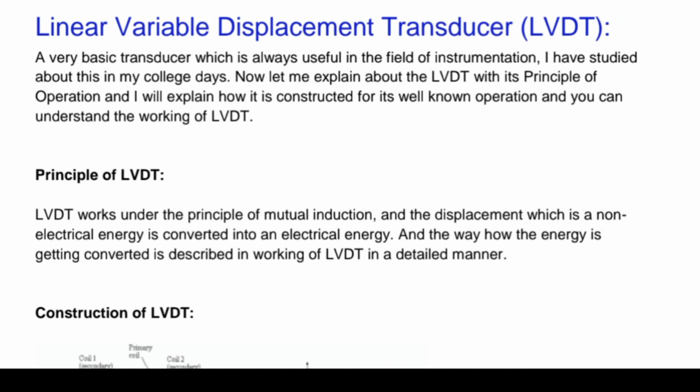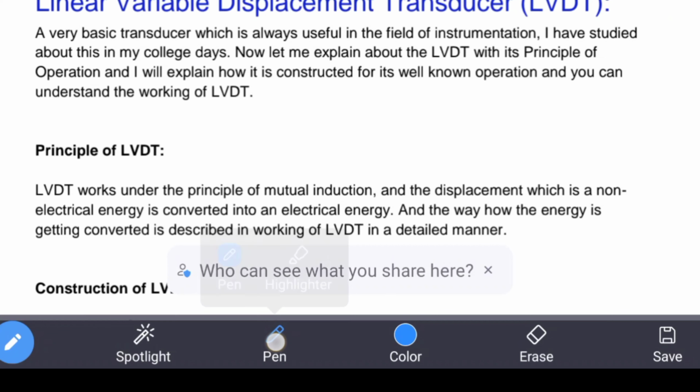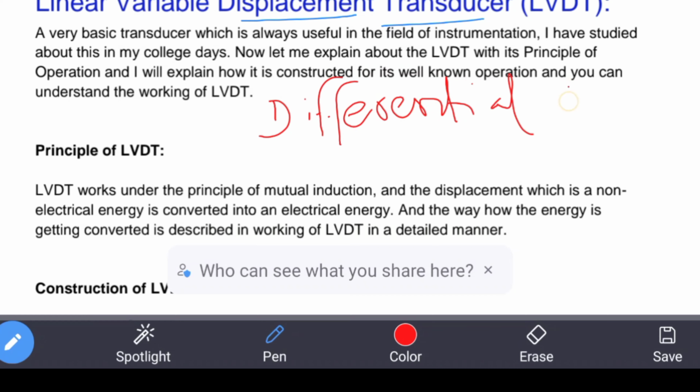It is a differential transformer, also known for the difference in voltages. A difference in voltages will be produced because of linear motion. If any small motion happens, it will be converted into an electrical signal. That is, the voltage will be induced in the secondary winding.